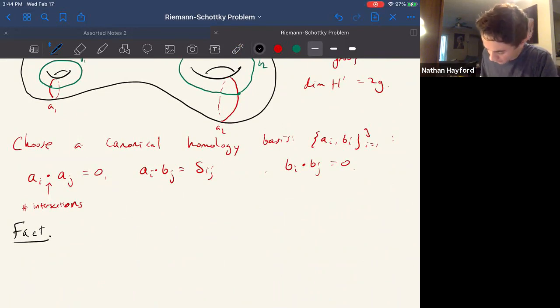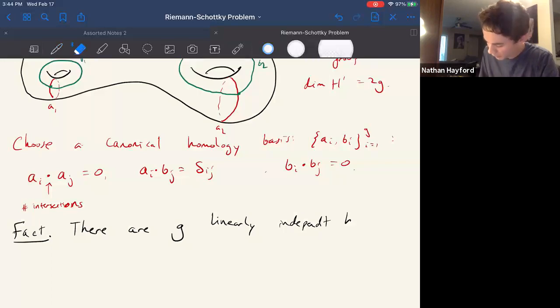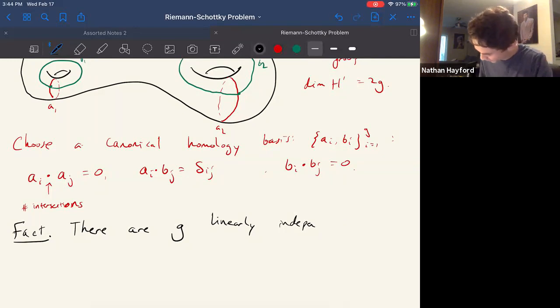But a fact is that there are G linearly independent holomorphic one forms.